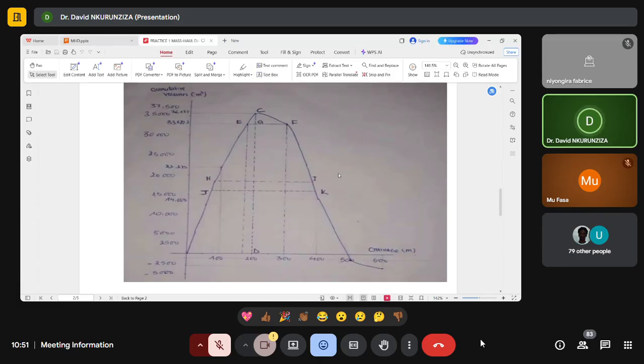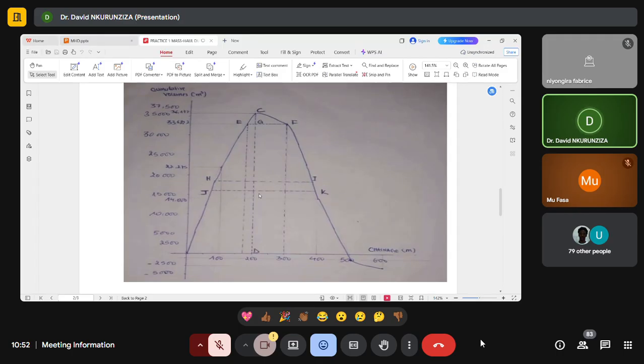So maybe you can choose just in the middle here, like J and K, that is reasonable. And then you apply the area under the curve. In this case, we have to scale out the area below the curve, and then that one can be useful.